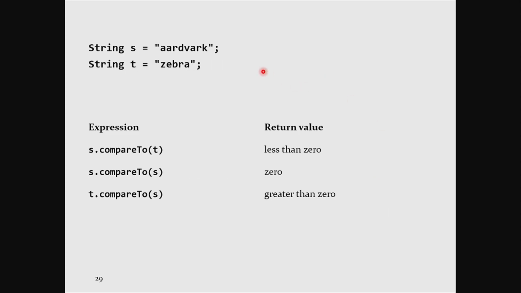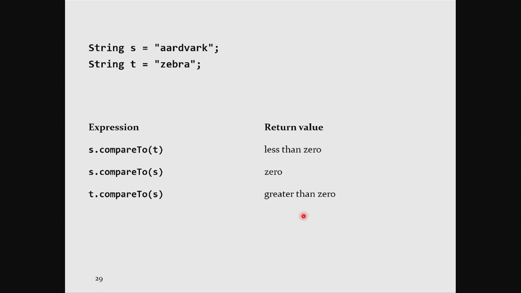So how do you use this? Well, I've got the strings aardvark and zebra. That's s, that's t. s compared to t, what do I get back? Well, s comes before t in the dictionary, aardvark comes before zebra, so I get back some number that's less than 0. s compared to s: aardvark is the same string as aardvark, so I get back 0. t compared to s: zebra comes after aardvark in the dictionary, so I get back a value that's greater than 0.